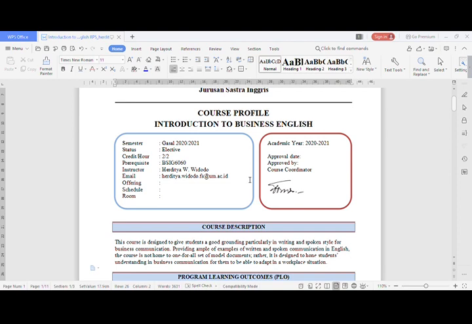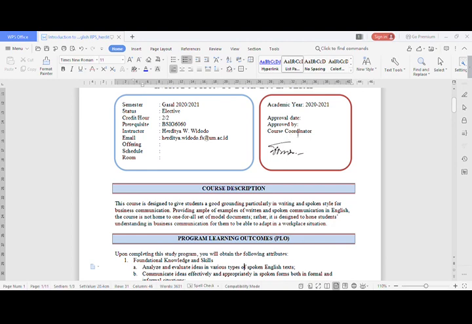Let's jump right ahead. This course is designed to give students a particularly good grounding, particularly in writing and spoken style for business communication. Now, I have to emphasize here that if we did this class offline, like when this pandemic is not happening, usually the class will involve some kind of meetings, like simulations.